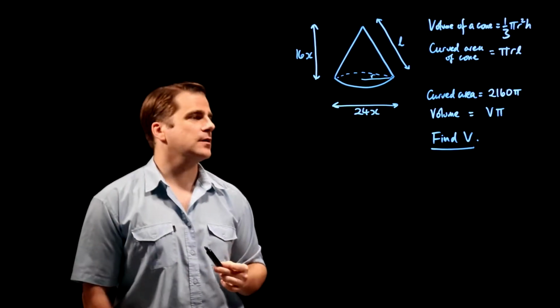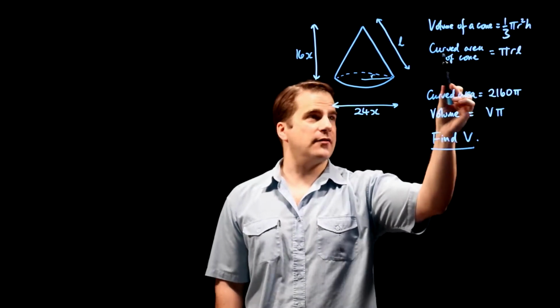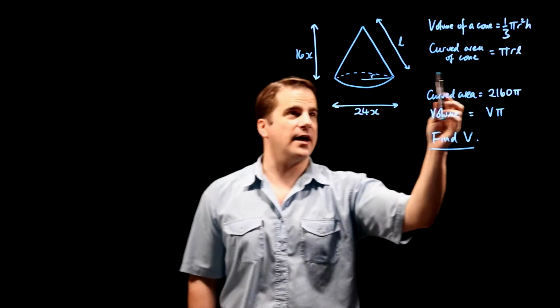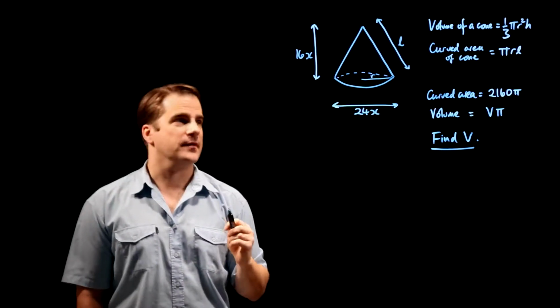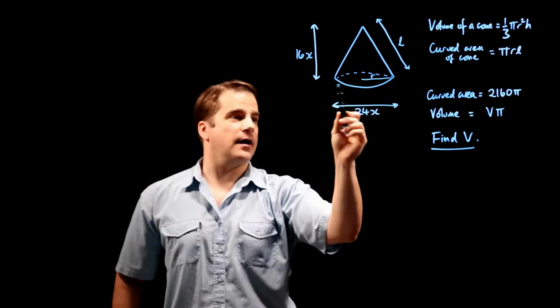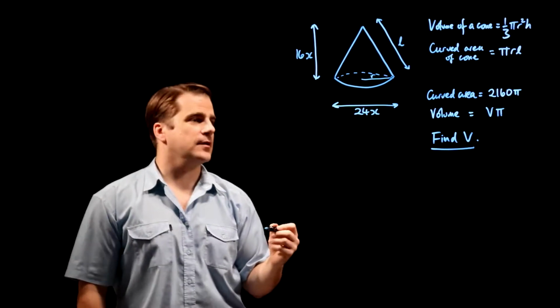Well, they've told us the curved area, and they've given us the formula for the curved area of a cone, which involves L. So why don't we find L? We can do that easily because we know the height and we know the radius from the diameter, so we can use Pythag.